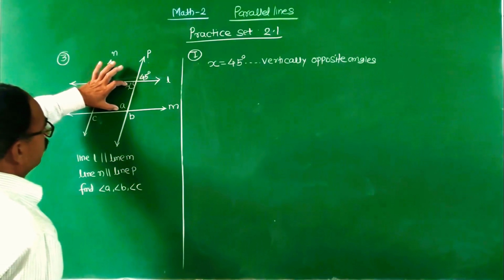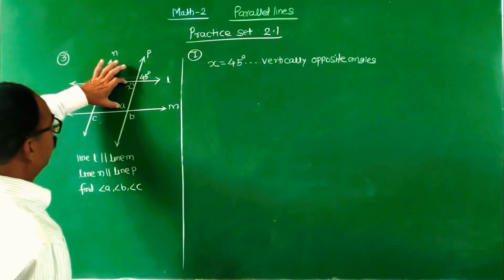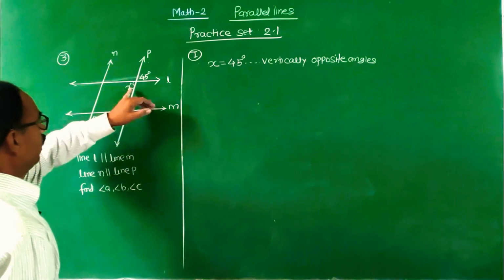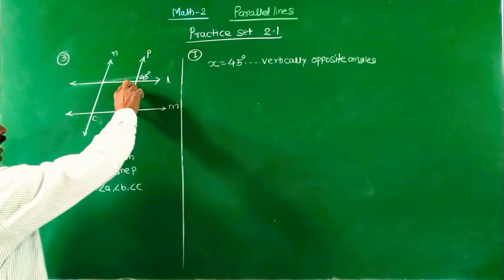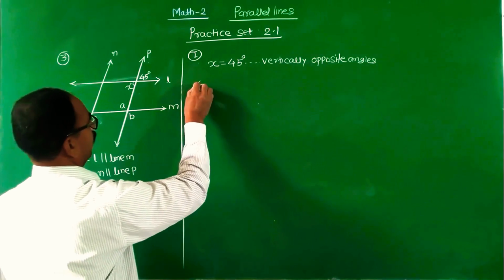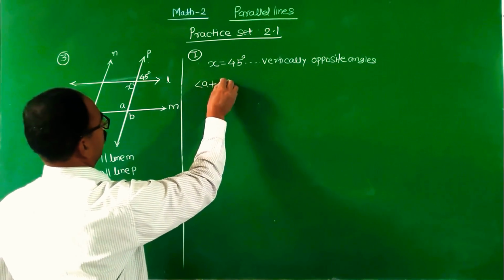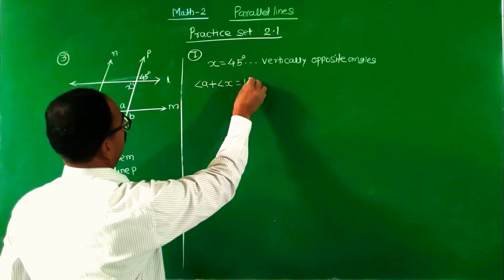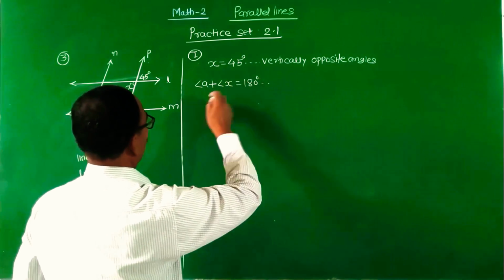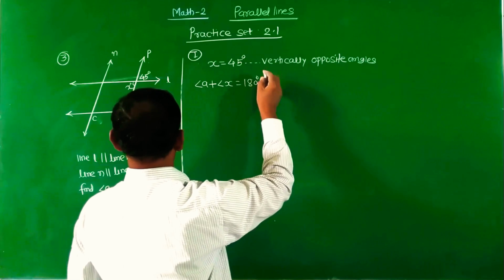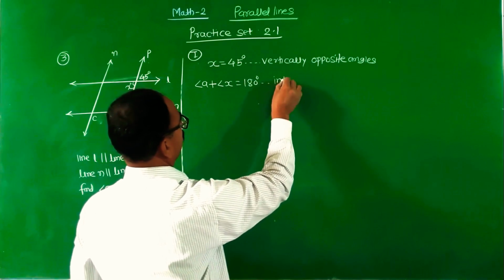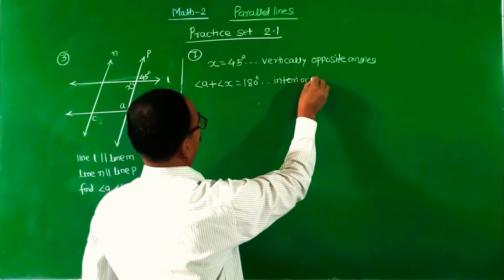Angle A plus angle X will be 180 degrees because these are interior angles.